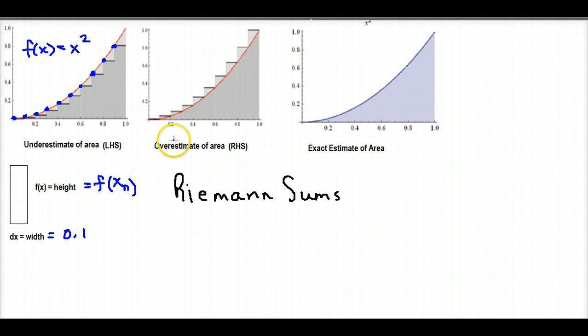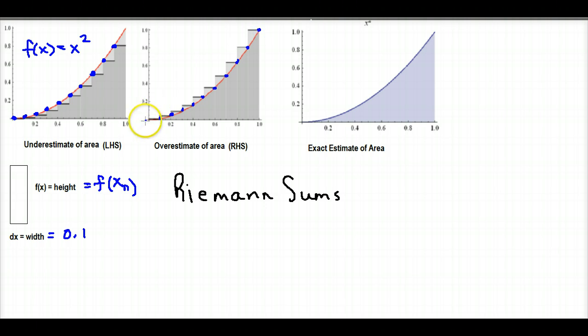Now, similarly, if we came here for the right-hand sum estimate, this would be an overestimate. And the difference here is that instead of starting at f of 0, we're going to start at f of 0.1 and then go to f of 0.2, f of 0.3, f of 0.4, f of 0.5, and so forth, until we get to f of 1.